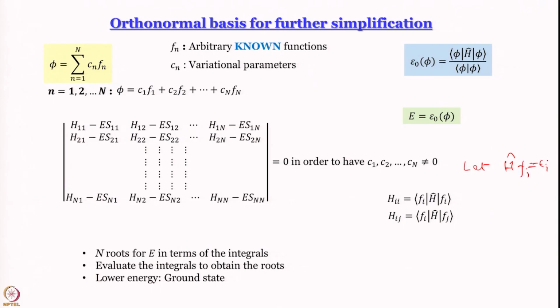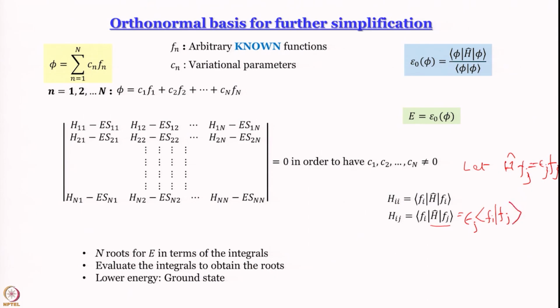This epsilon and that epsilon are not the same, they are different. So the Hamiltonian operating on fj will give me epsilon j fj, good old eigenvalue equations. So what will Hij be? This will be the integral of fi star, h fj, which is epsilon j fj, and epsilon j is a constant. So it can come out, fj remains inside the integral, and this is what I get.